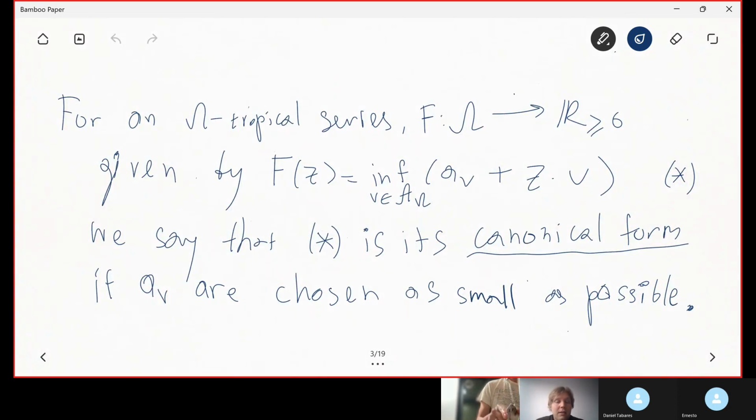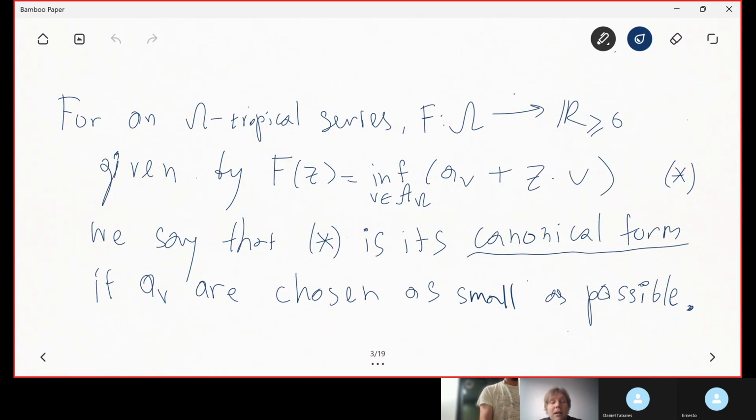So pay attention to this small slide because it's crucial. When we write an omega tropical series in terms of an infimum of tropical monomials, where A_V is a coefficient, the plus is the tropical product, and that times V is like Z to the power of V. We say that this form is canonical if all A_V are chosen as small as possible.